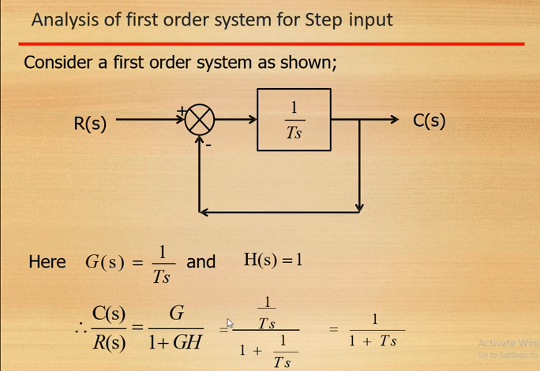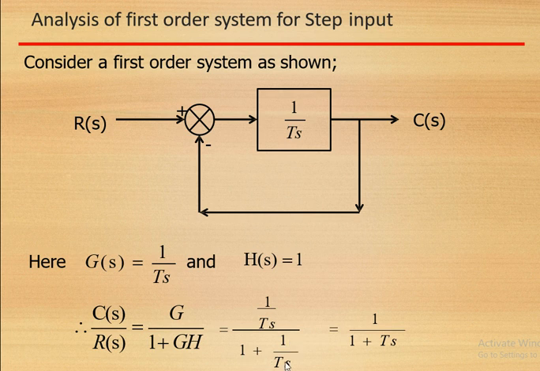So right now we have to put the value of G here, because for the negative feedback we are getting a transfer function like this, G divided by 1 plus GH. The system function G(S) is equal to 1 upon TS. So if I put the value of G as 1 upon TS and H as 1, we will get the equation like this. The numerator will be 1 upon TS divided by 1 plus 1 upon TS.